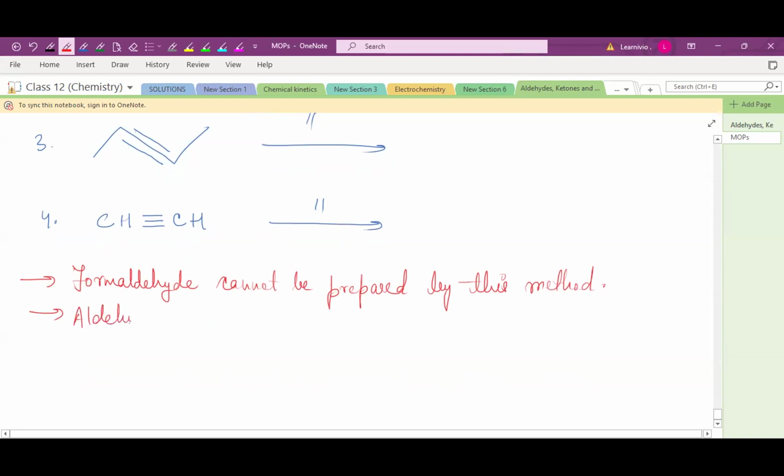And aldehydes other than acetaldehyde cannot be prepared by this method. By using this process, the hydration of alkyne, you can only prepare one type of aldehyde, which is acetaldehyde. Other than acetaldehyde, you cannot prepare any other.